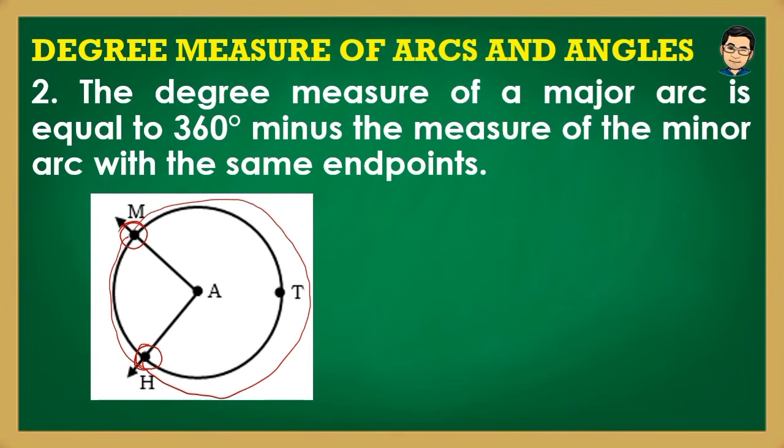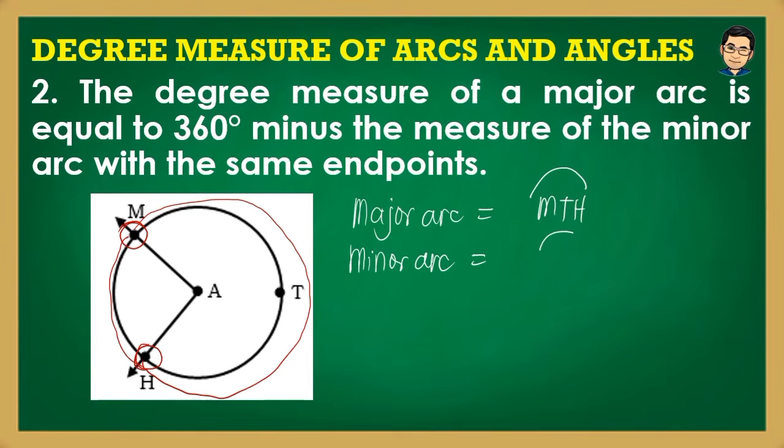Next, let's identify the major arc. Our major arc here is MTH, and our minor arc is arc MH. To get the measure of the major arc, we need the measure of the minor arc.